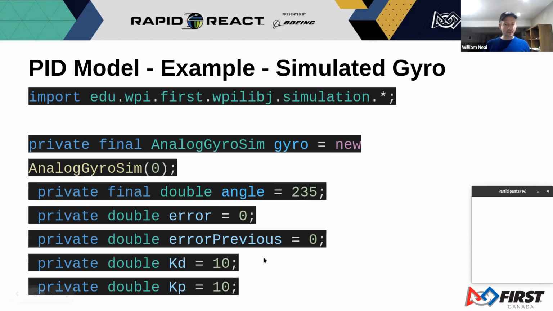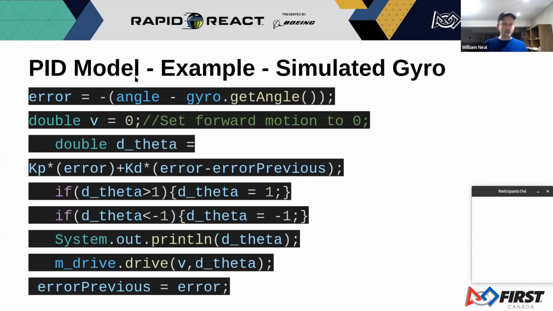Okay, so there is the code that comes at the beginning of the program in the import section and in the constructor section. Now we go to the part here. I didn't put this on the slide, but this code appears in the autonomous periodic.